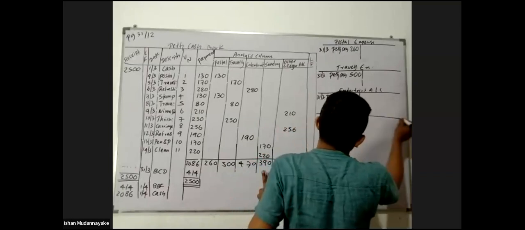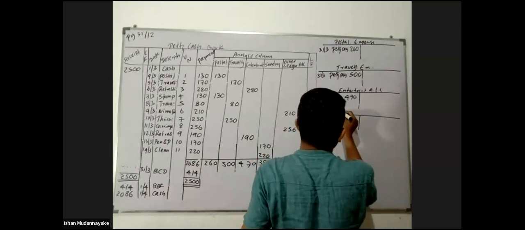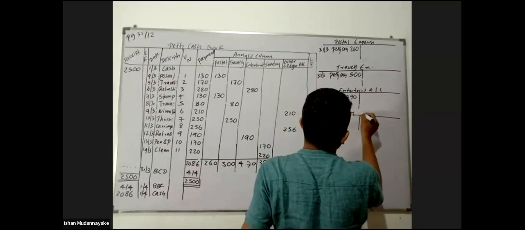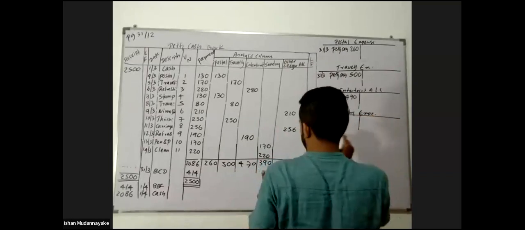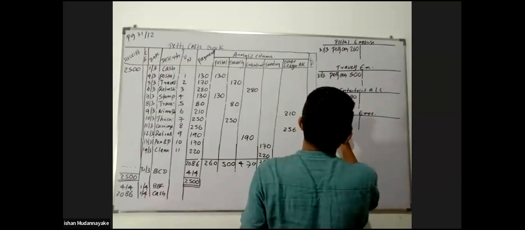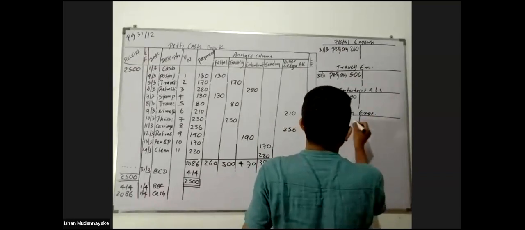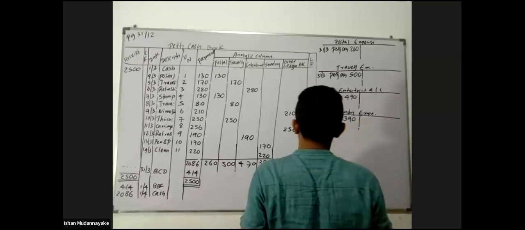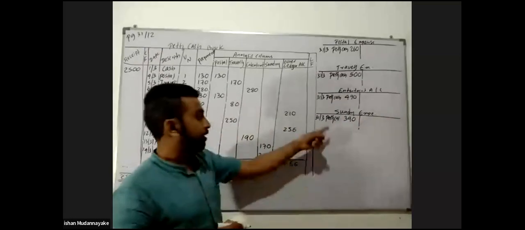And then sundry expenses. For miscellaneous expenses, you need to open another account. Sundry expenses, 31st March, petty cash 390. Petty cash book credit, sundry expense account debit.